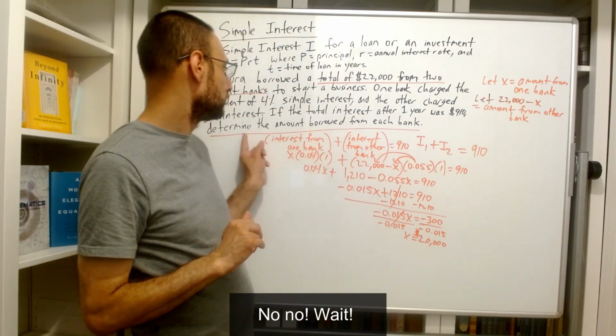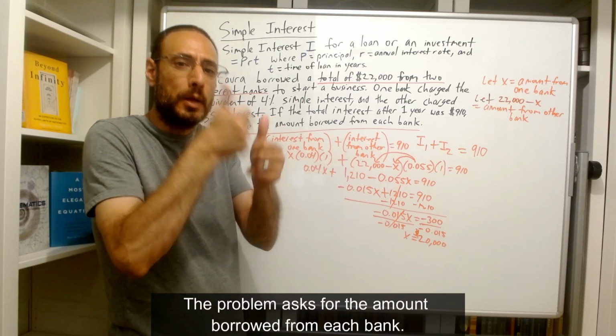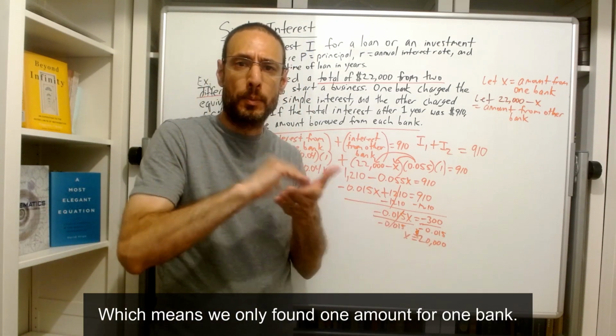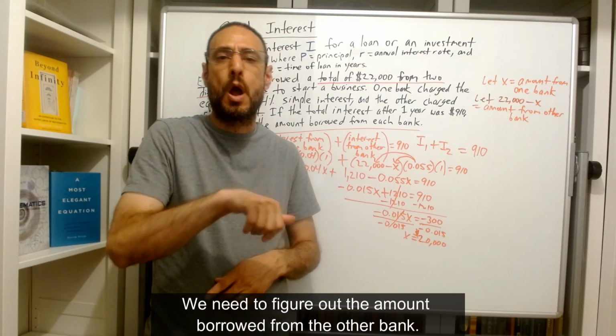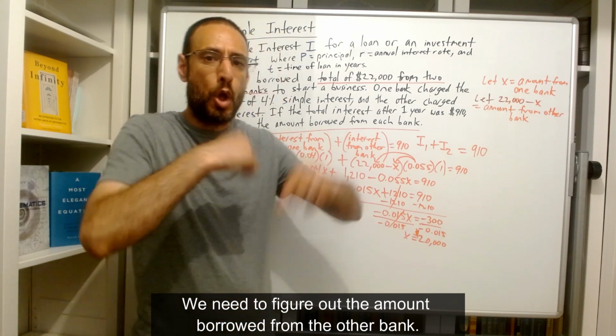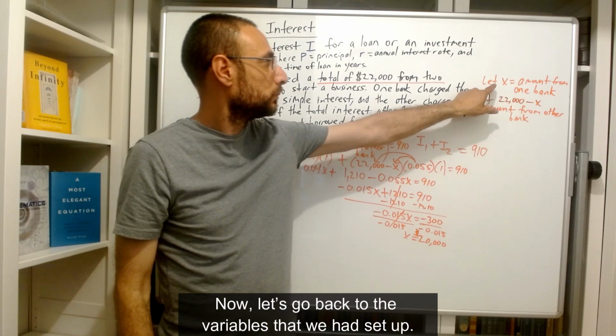Now, can I go ahead and circle it? No, wait. The problem asks for the amount borrowed from each bank, which means we only found one amount for one bank. We need to figure out the amount borrowed from the other bank. Now, let's go back to the variables that we had set up.